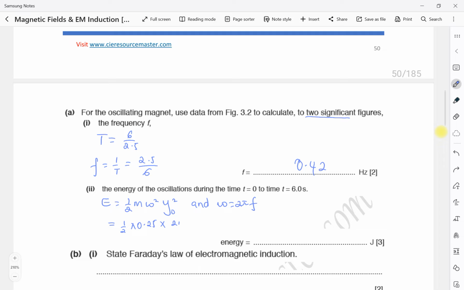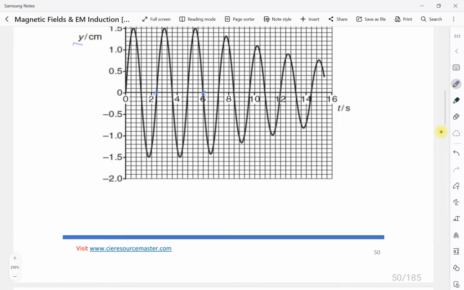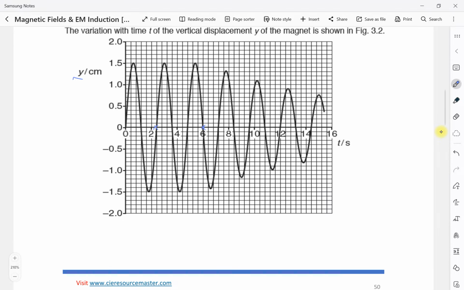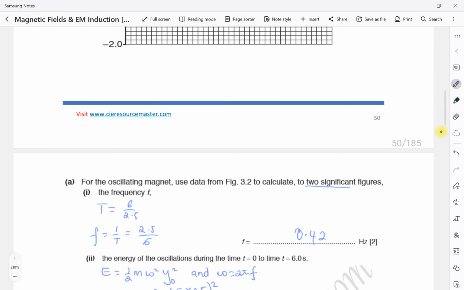So omega is 2 pi times f, where f is 2.5 over 6, and this should be squared. Then times y naught, which is the amplitude, and the amplitude is 1.5 centimeters.